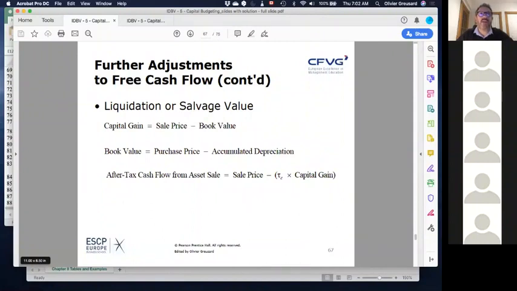In that case, we have a problem in terms of calculation, so we have to change the cash flows of our project. This is what we do with HomeNet. We have to be careful because we're going to have two cash flows. We have to calculate what we call the after-tax cash flow from asset sale.